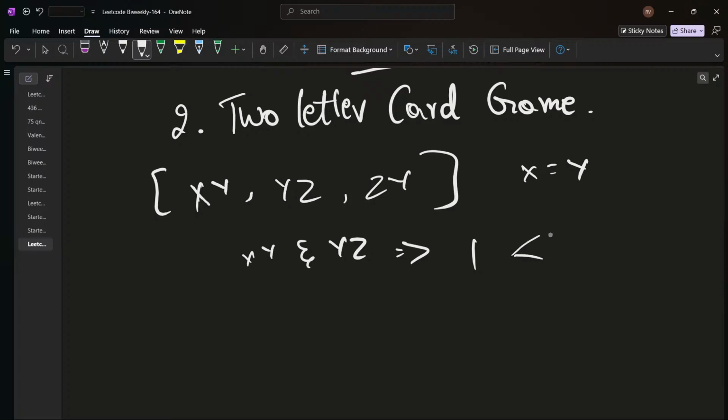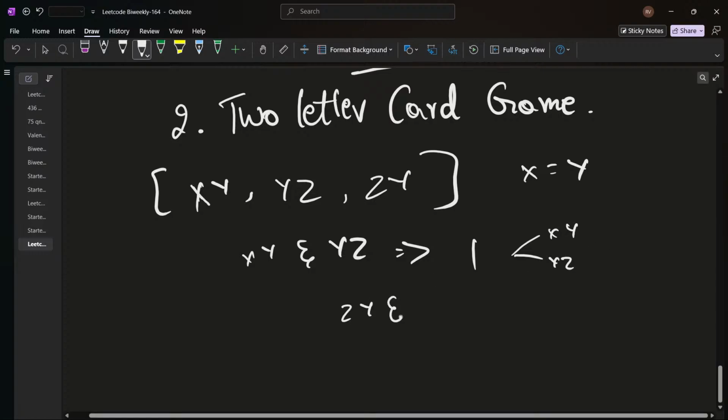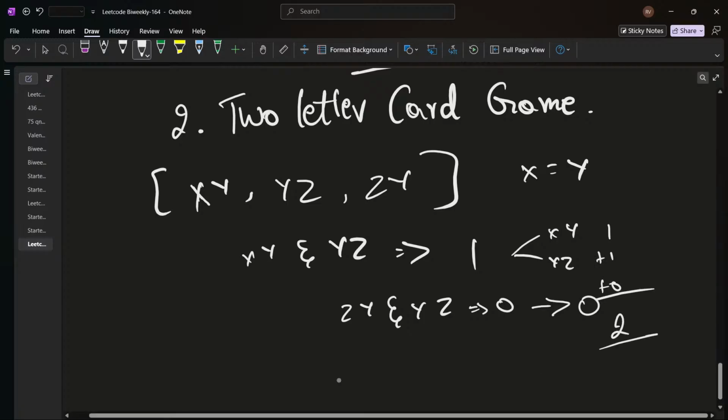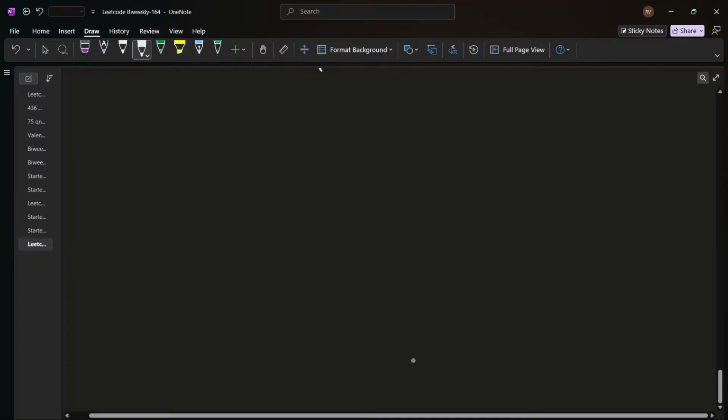Hence these two are compatible. And ZY and YZ, do they have any difference? No difference. Since no difference, the total maximum number of pairs is 1 plus 1 plus 0. So hence it is 2. The output we will be getting for this is 2. Now this is our question.